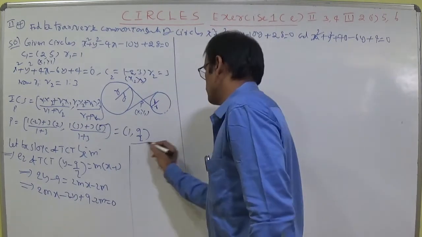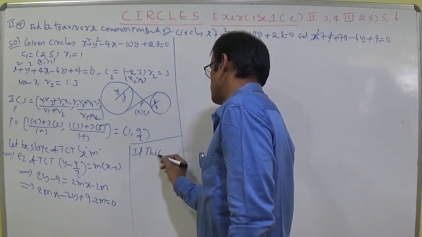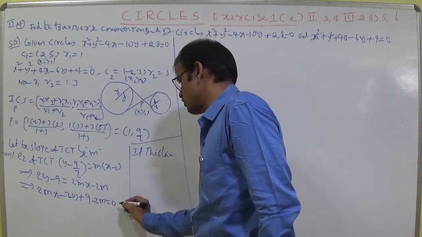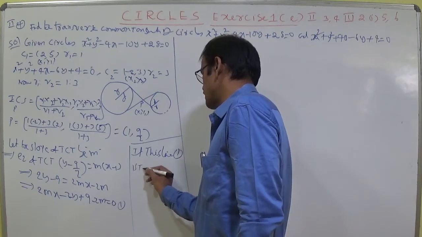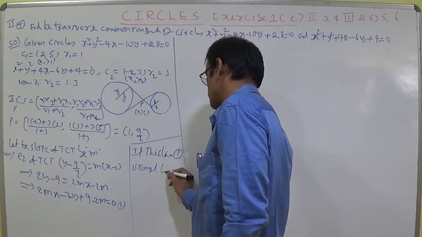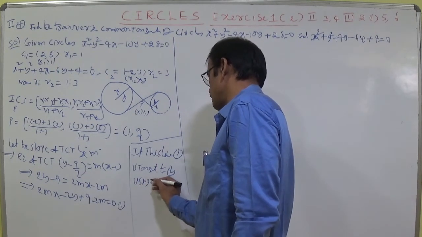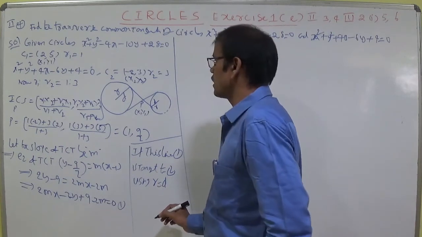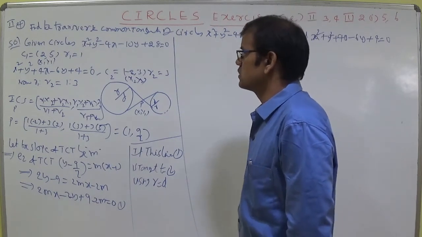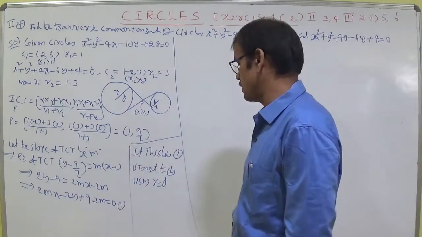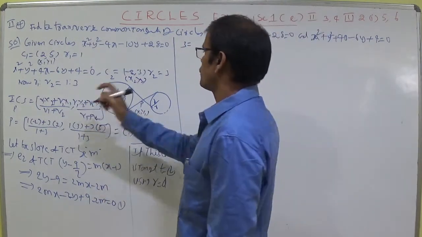If this line is a tangent to the second circle, using r is equal to d. What is r? Radius of the second circle, it is 3. What is d? Perpendicular from the center to the line. So 3 is equal to, center of the second circle (-2, 3).